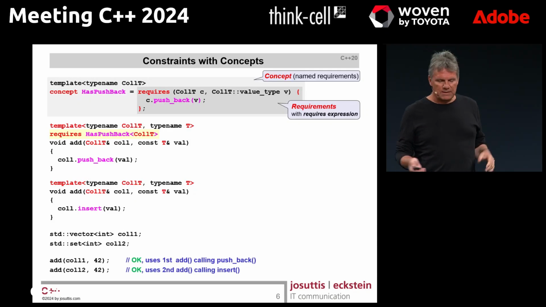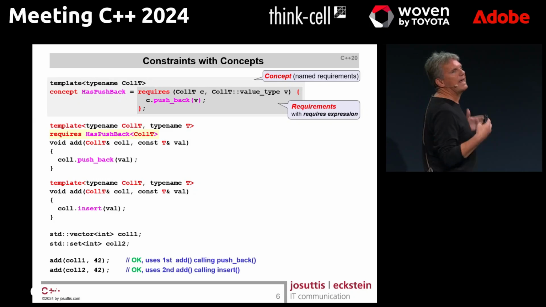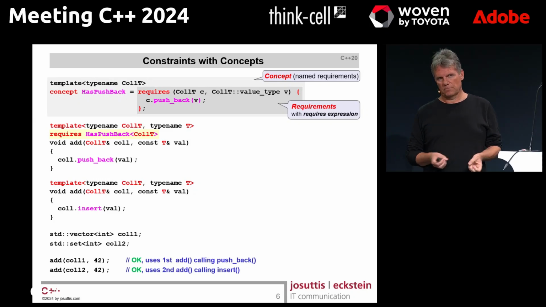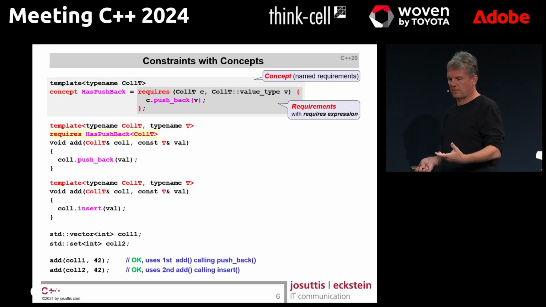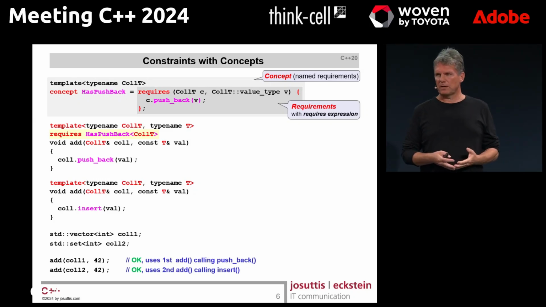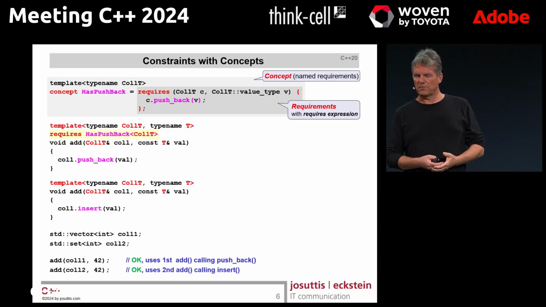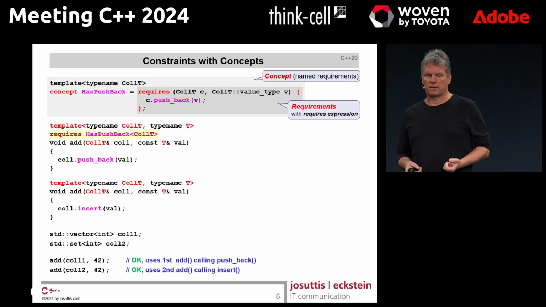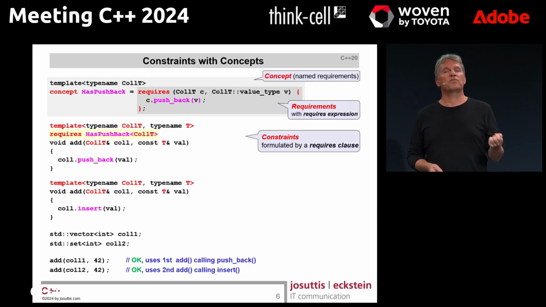Then we give it a name, and concepts are named requirements. So a concept is just, for one or multiple requirements, a name so that we can handle these different requirements by one thing. And that one thing is then used to constrain the first add function template.